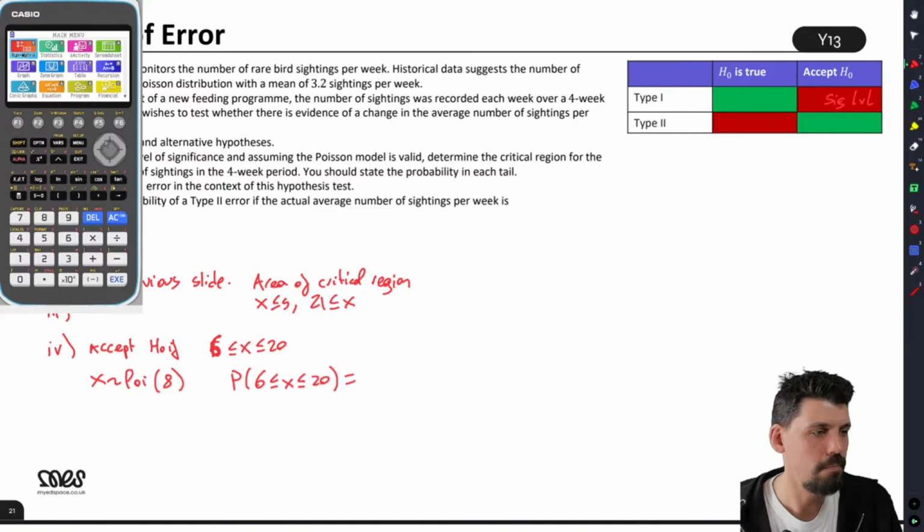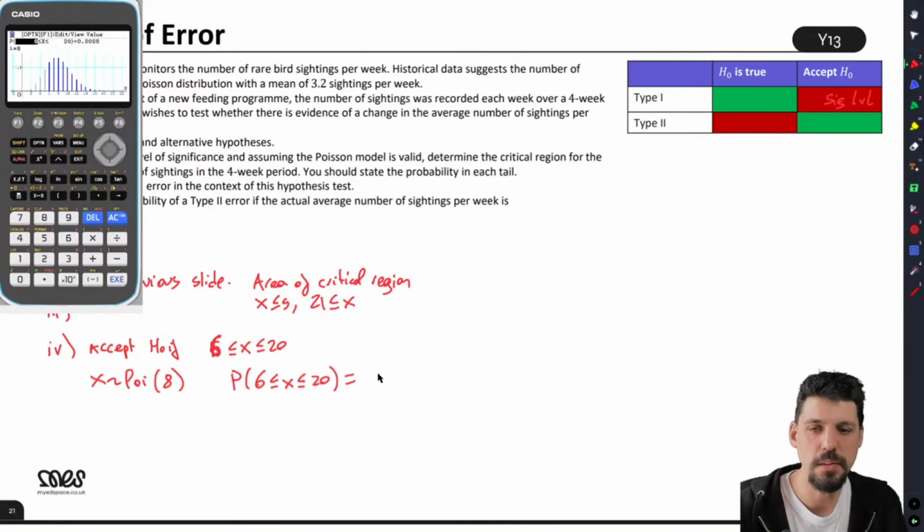So we're going to go here. We can go statistics. Let's go distribution. I've been enjoying the distribution area. We want to be in between two values. We want to be between 6 and 20. And lambda is 8. So 0.8086.